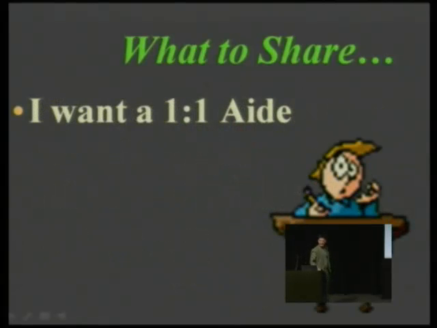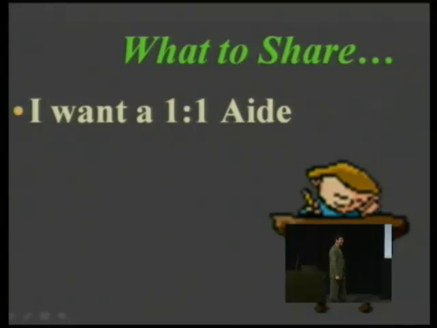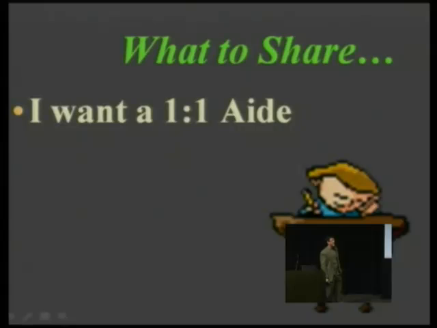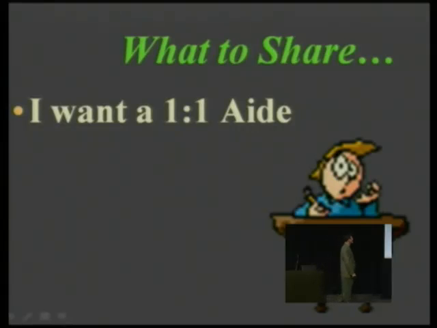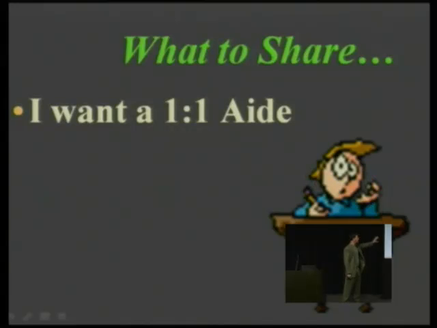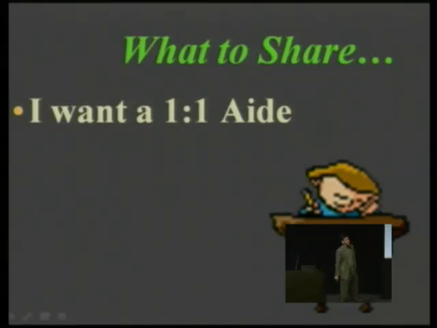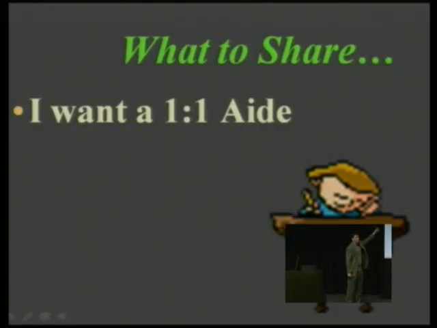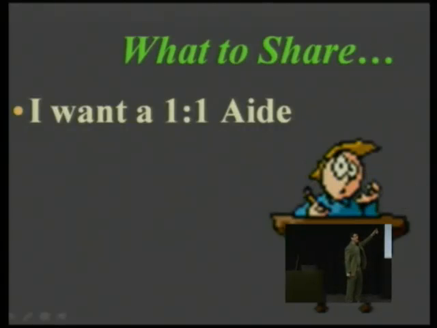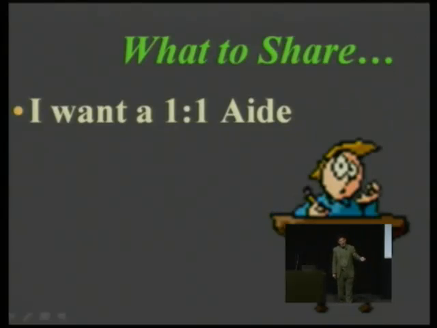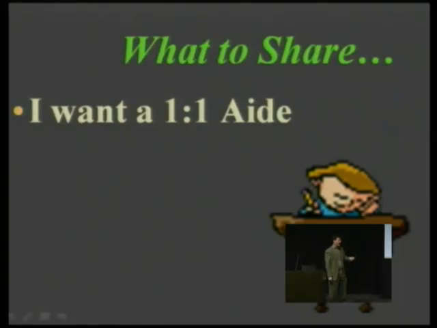Okay, I want a one-on-one aide. This happened, I think it was last week or the week before. Again, I did an evaluation, and the parent wanted a one-on-one aide. I don't know about your state or your city or your school district, but at most schools that I observe, a one-on-one aide is a very risky request. A one-on-one ABA-trained aide might be different, but I'm just talking about a one-on-one aide.